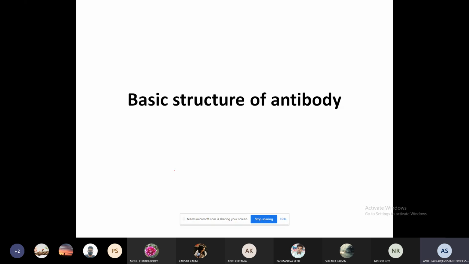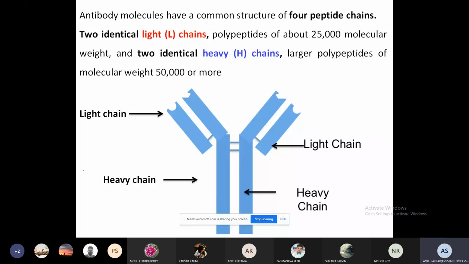This is the classical structural shape of an antibody molecule, kind of a Y, but it has double legs over here. Antibody molecules have a common structure of 4 peptide chains: 1, 2, 3, and 4. Peptide means small protein.